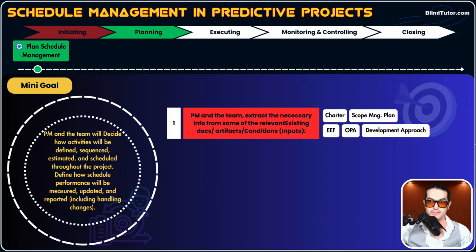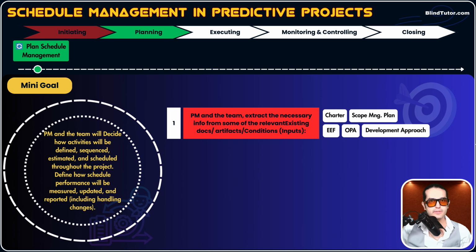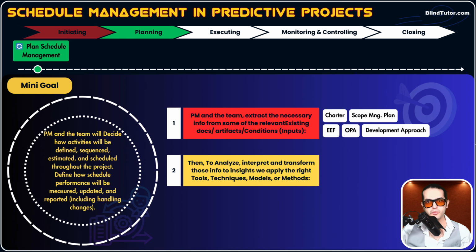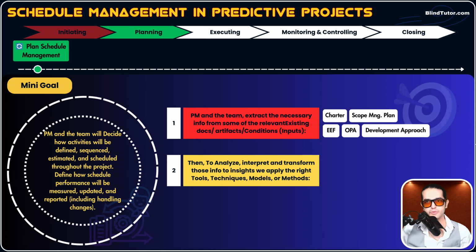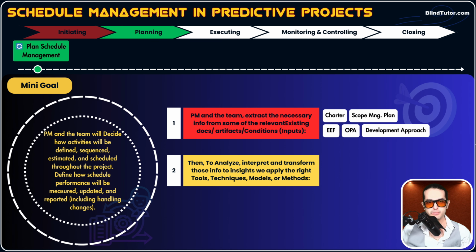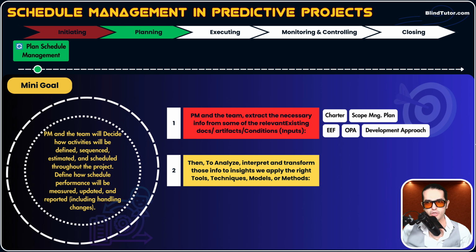Then EEF, OPA, and development approach. These are the inputs of this process. Then to analyze, interpret, and transform that info into insights, we apply the right tools, techniques, or methods. What tools and techniques do we use to perform the plan schedule management process? Expert judgment, meetings, alternative analysis.